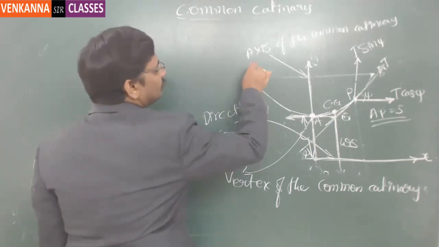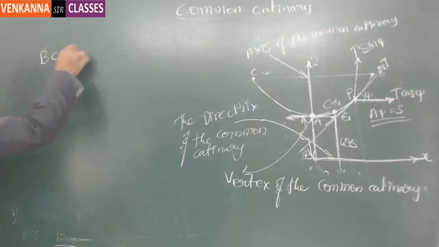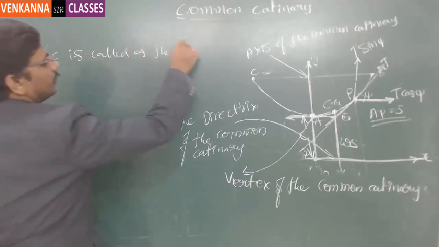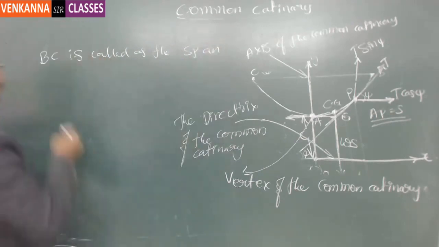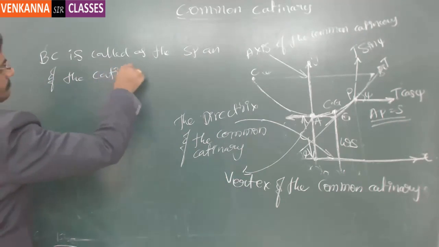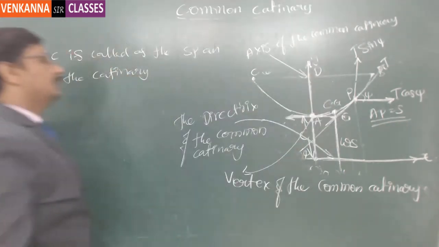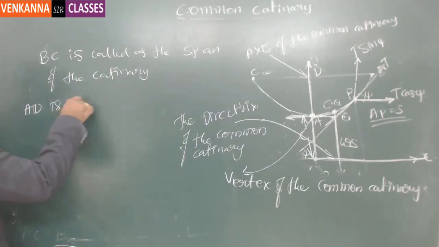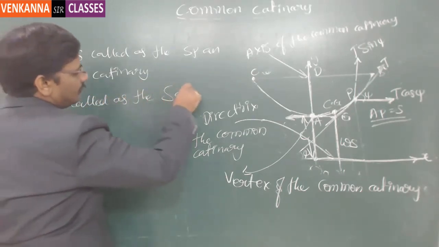And this length BC is called the span of the catenary. And if I call this point D, then AD is called the sag of the catenary.